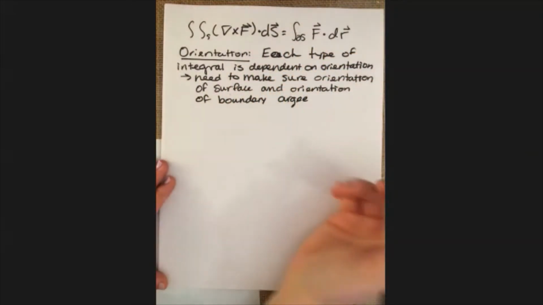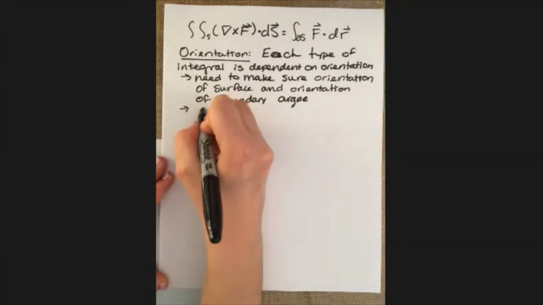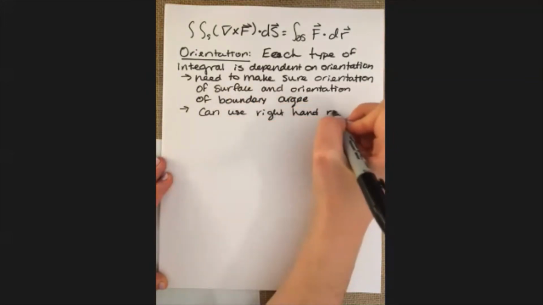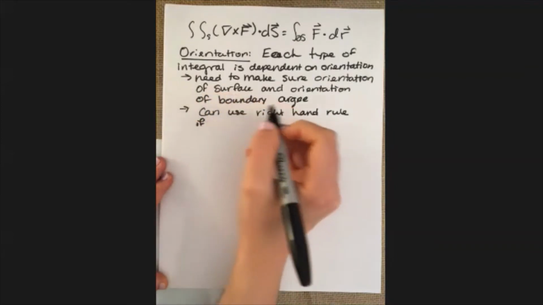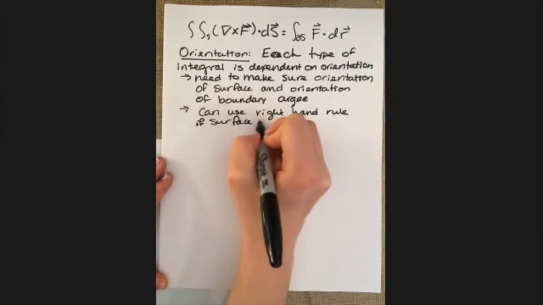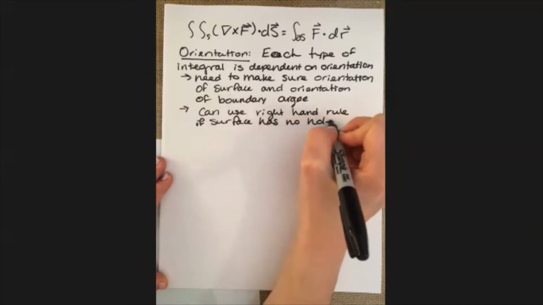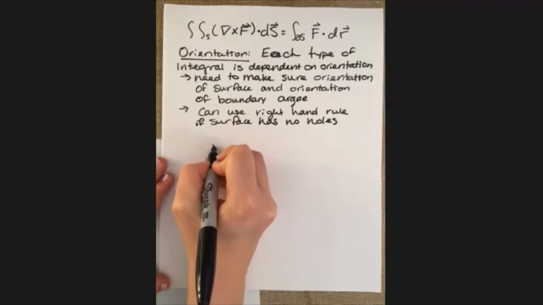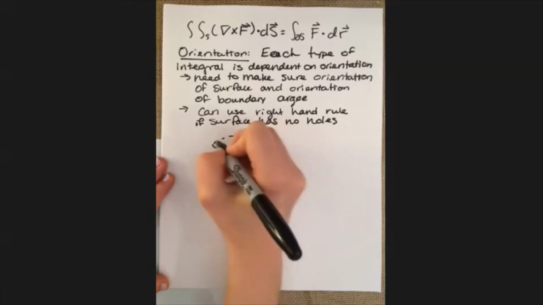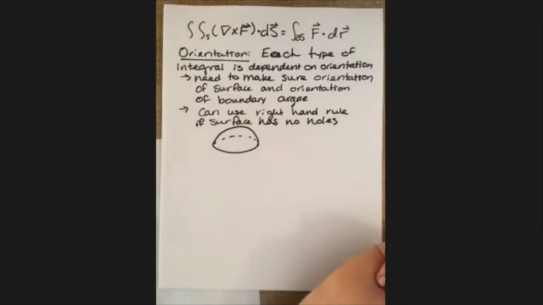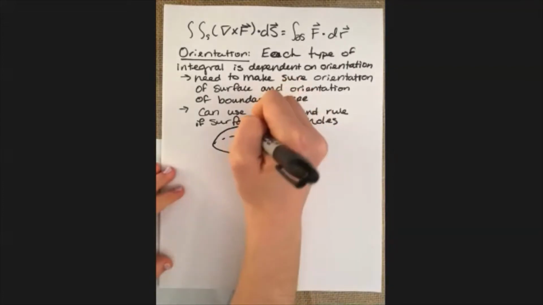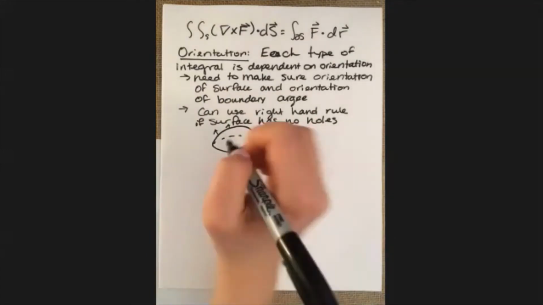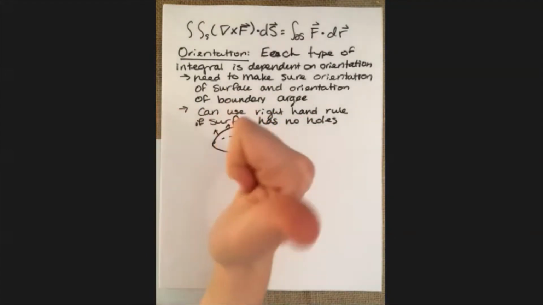One way to do this, if we don't have any holes in our surface, is to use the right-hand rule. So for example, if we're looking at our dome again for our surface, and we want to have an outward pointing normal on the surface, well, I want my thumb to point upward, is what that means.